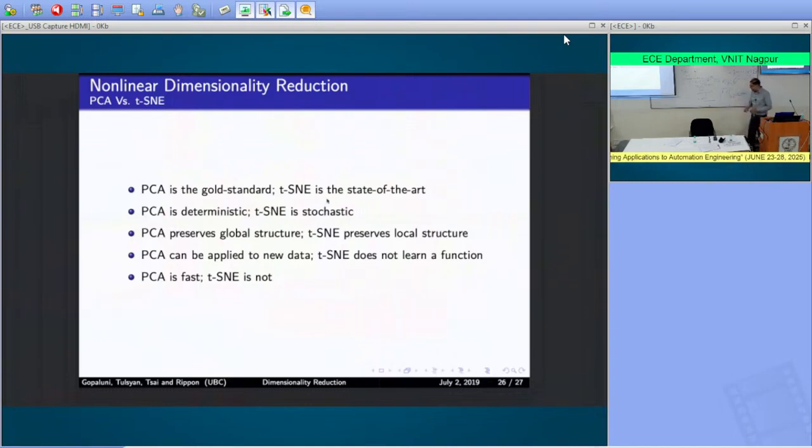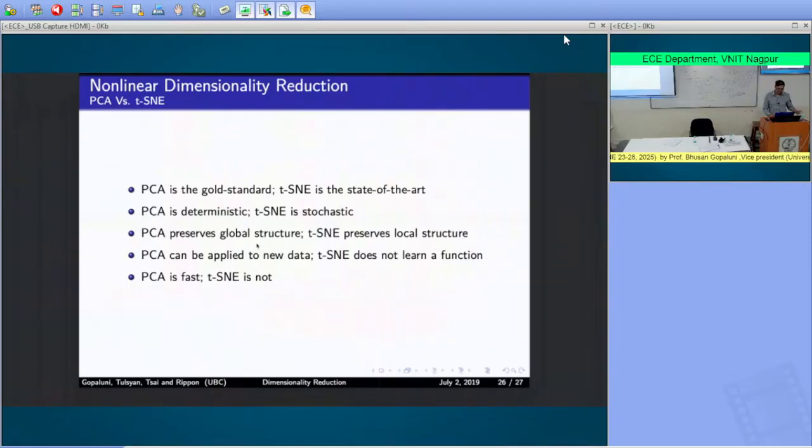If you remember in my slide, I had Z equal to X times W. This is your relationship between higher dimensions and lower dimensions. Whereas with TSNE, this type of relationship is not possible. You go through an algorithm and you generate your lower dimensional space, and there's no explicit function that relates lower and higher dimensional spaces.